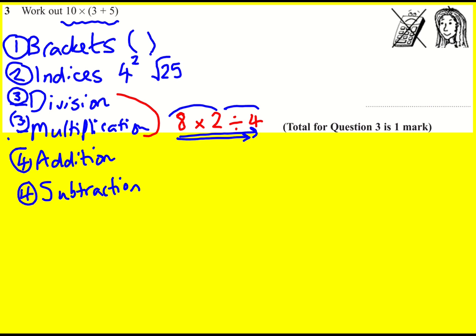So again, if you have a number sentence, for example, 10 take away 3 plus 4, you don't have to do this bit first and then do your 10. You're just reading from left to right like a book, okay?